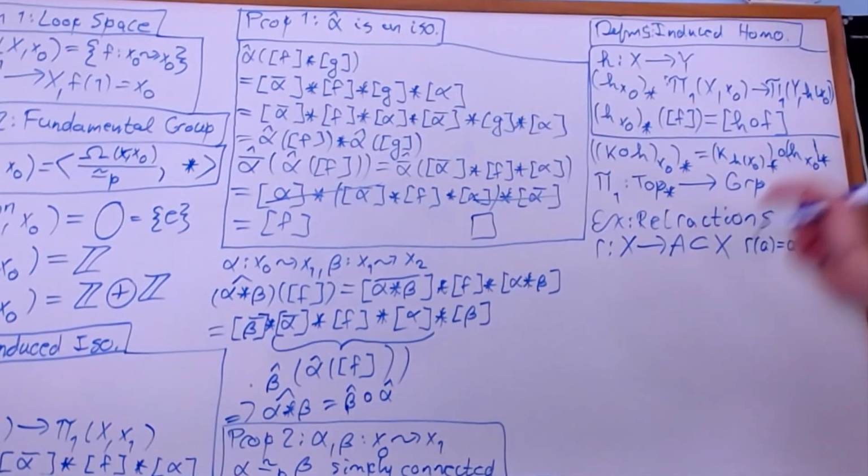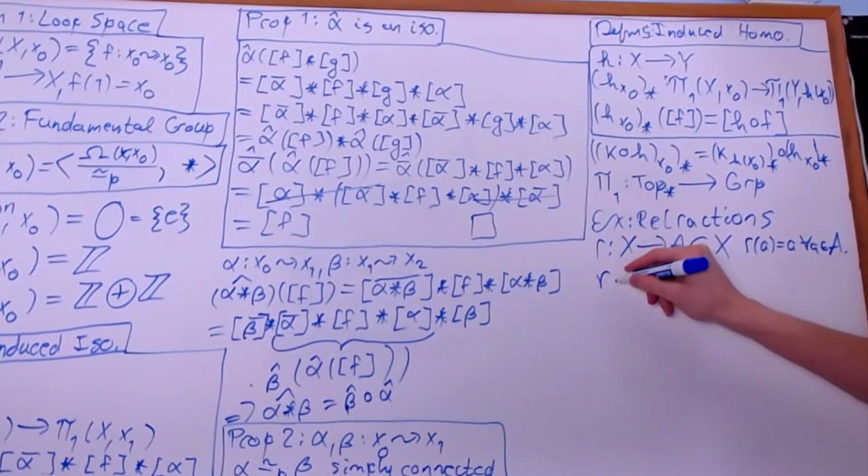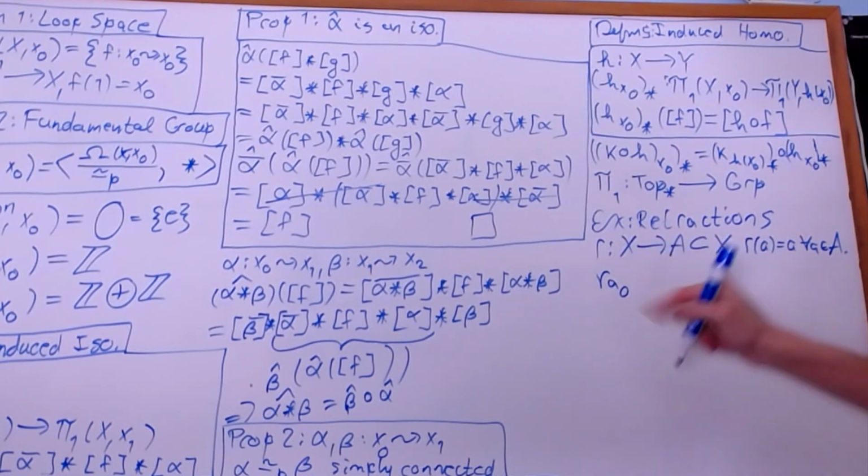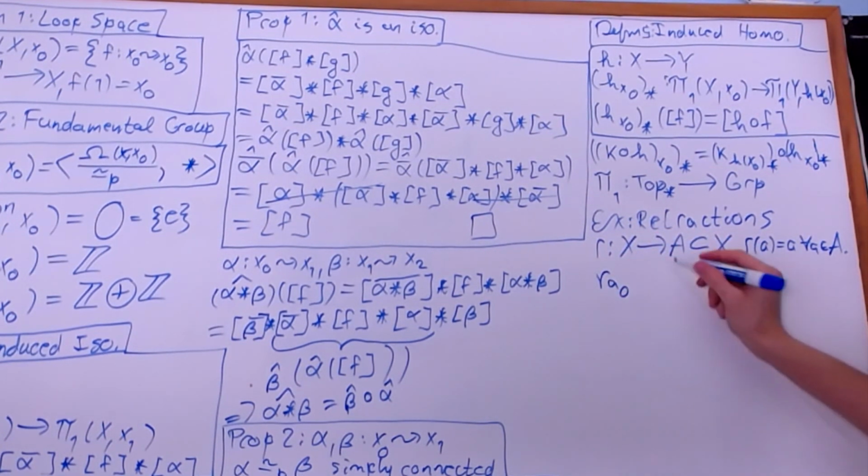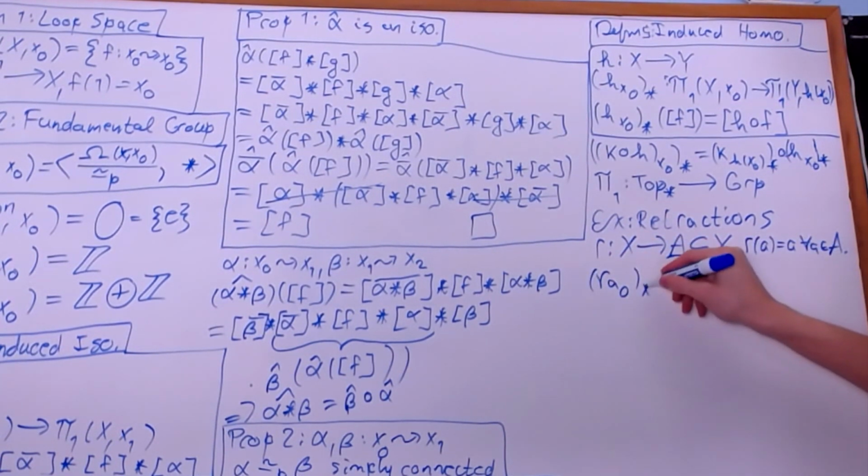Now, something that's really interesting about retractions is that they're basically, in the algebra realm, surjections. So you would have, say, R at some point A0, and this A0 has to be in this subspace. We induce the homomorphism.